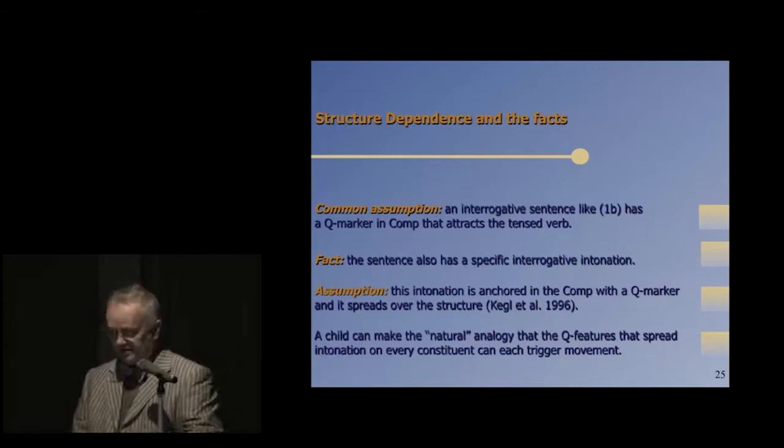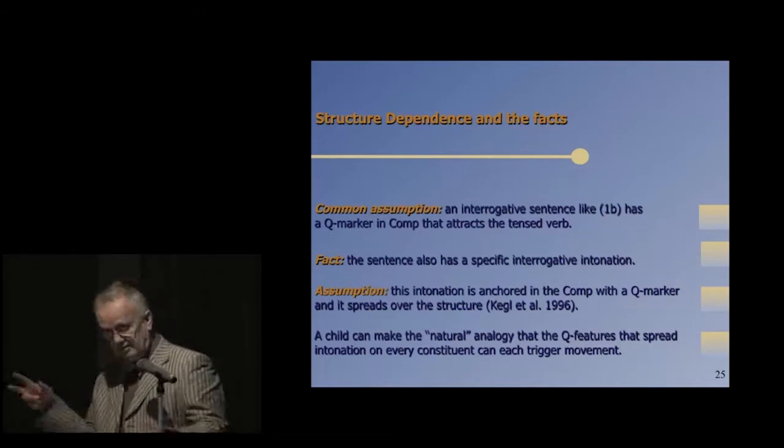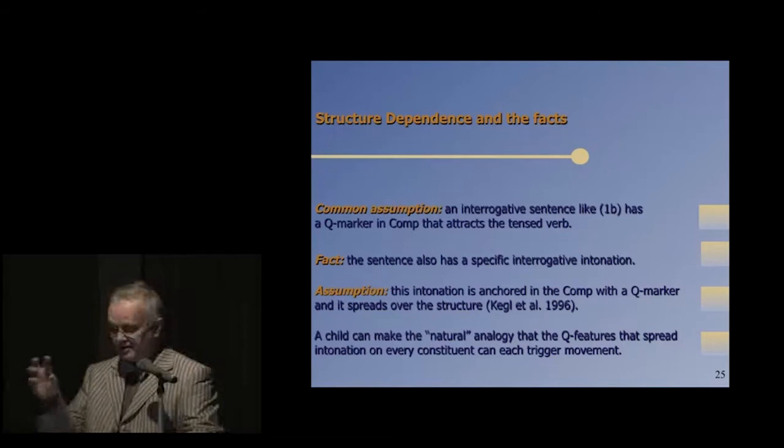Take a fact. The sentence also has a specific interrogative intonation, at least in many languages. Take another fairly common assumption. This question intonation is anchored in comp with a Q marker, and it spreads over the structure.